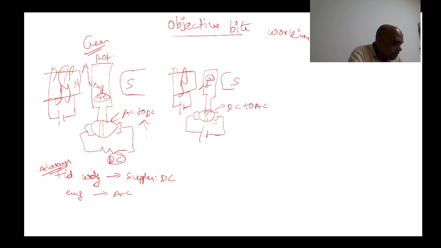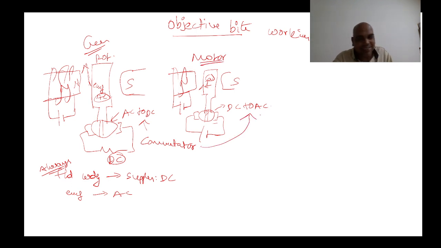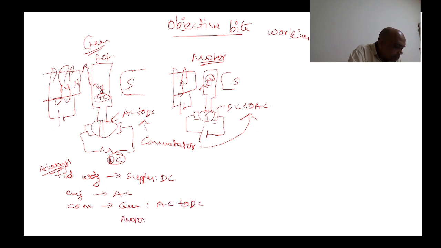In a generator, it converts from AC to DC. In a motor, it converts from DC to AC. But the EMF induced in the coil is always AC.